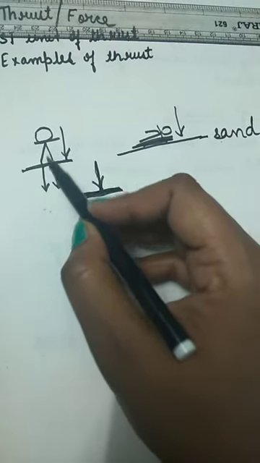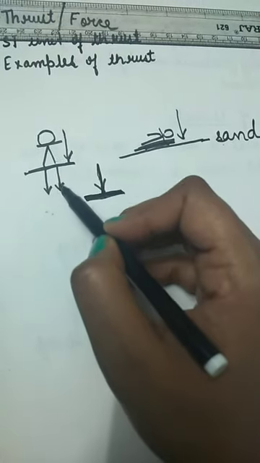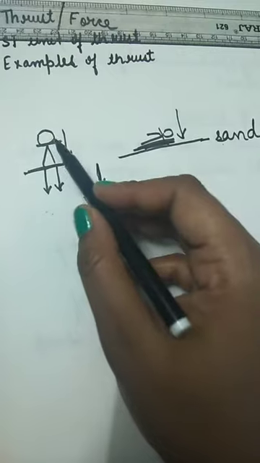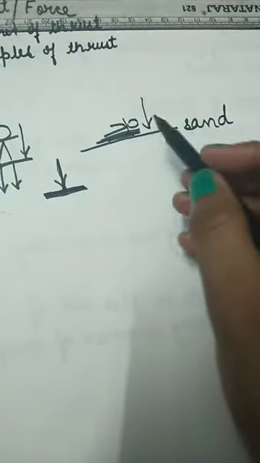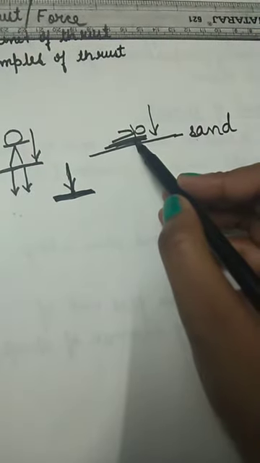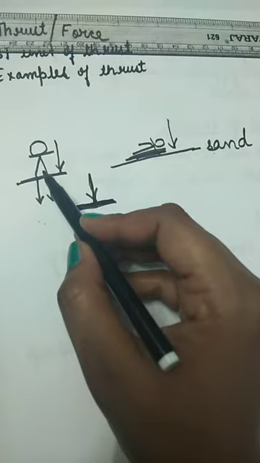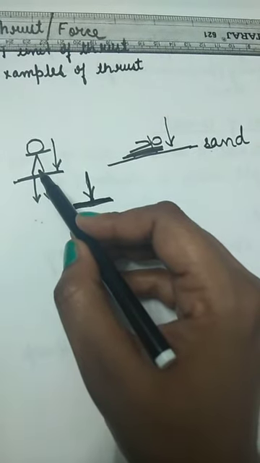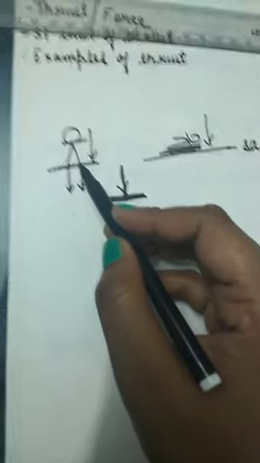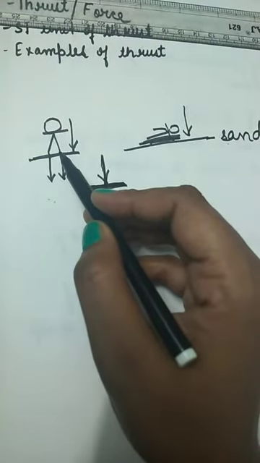So the body penetrates much into the sand when you stand on the sand, and penetrates less when you lie down on the sand, because the area here is increased, and when you stand here, the area is less.